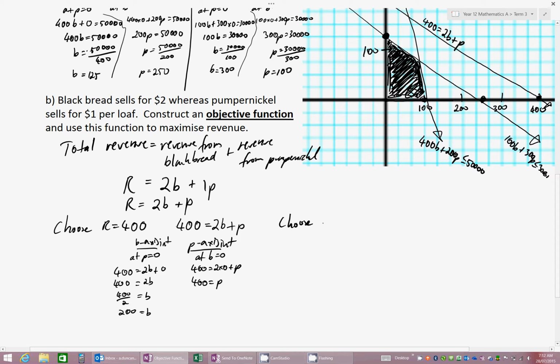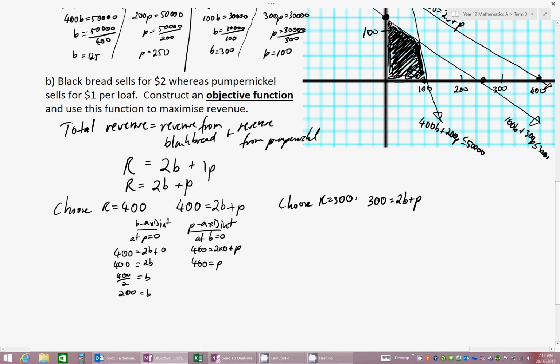let's see what happens at a revenue of 300. Okay, so graph the same expression, and find the B-axis and P-axis intercepts.